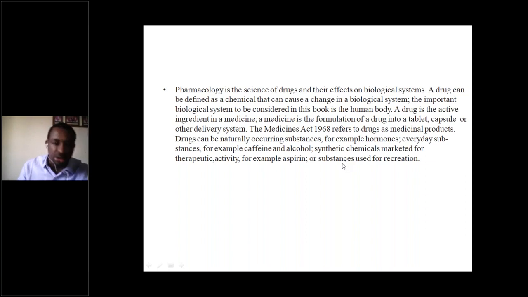Those are drugs. They can be used to elicit a desired therapeutic action. Also, they can occur in nature. Examples include caffeine from coffee, alcohol, synthetic chemicals marketed for therapeutic activities, for example aspirin, and substances used for recreation, such as cannabis. So drugs can occur naturally.